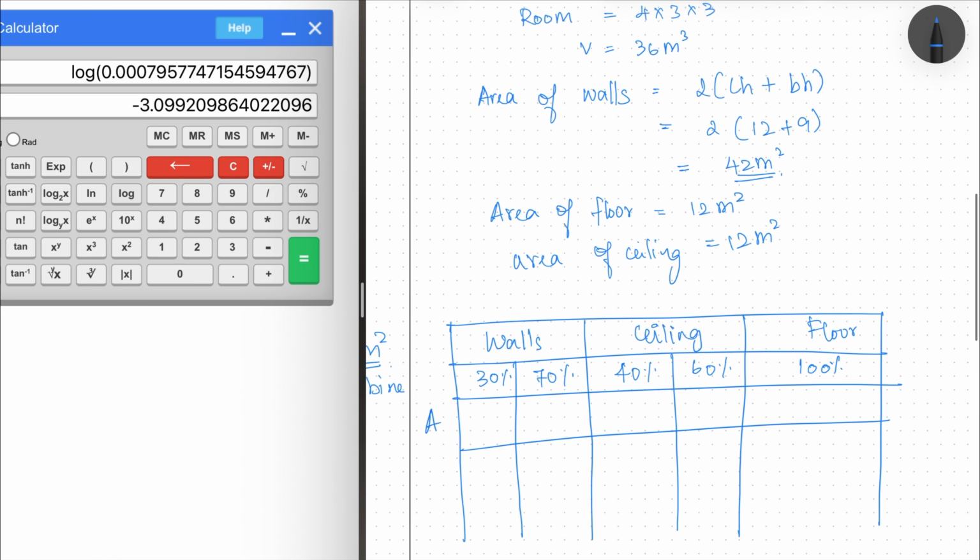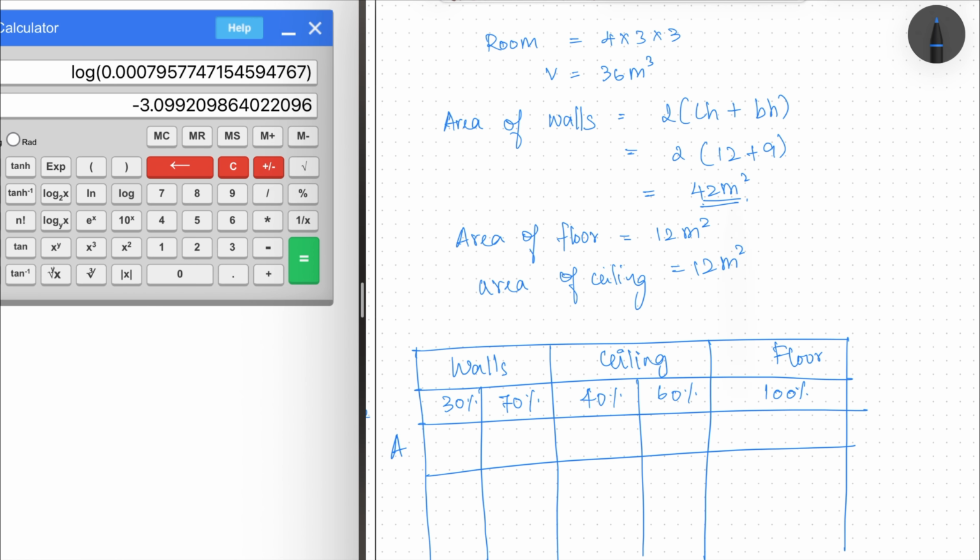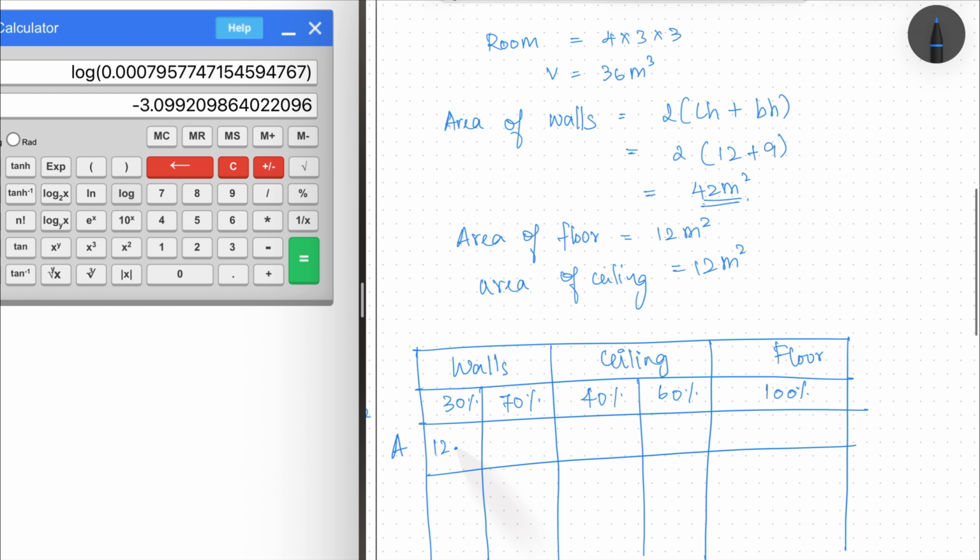So wall area we found it to be 42 square meter. So 30% of 42 is 12.6. 70% of 42 is 29.4. And ceiling we found the area to be 12 square meter.